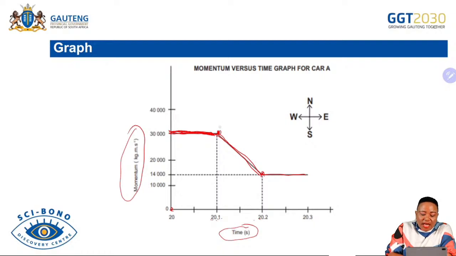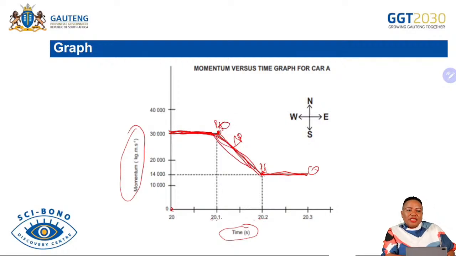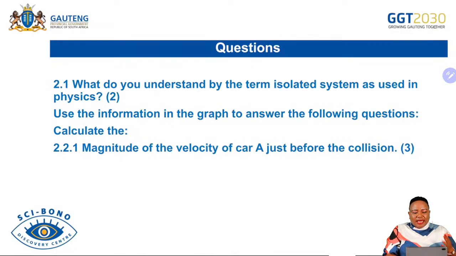If this is our initial momentum, this one is going to be our final momentum. Then between t2 and t3, our momentum becomes constant at 14,000, so the change in momentum here is 0. Also the change here is 0, but here we are able to find the change. So graphs are very important, and we need to know how to interpret them.